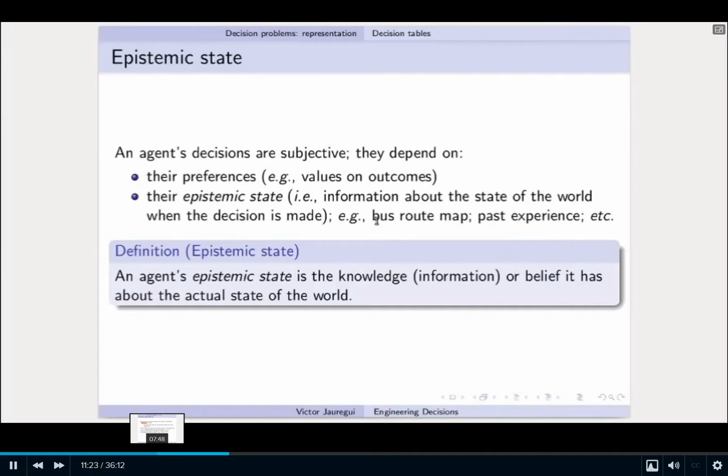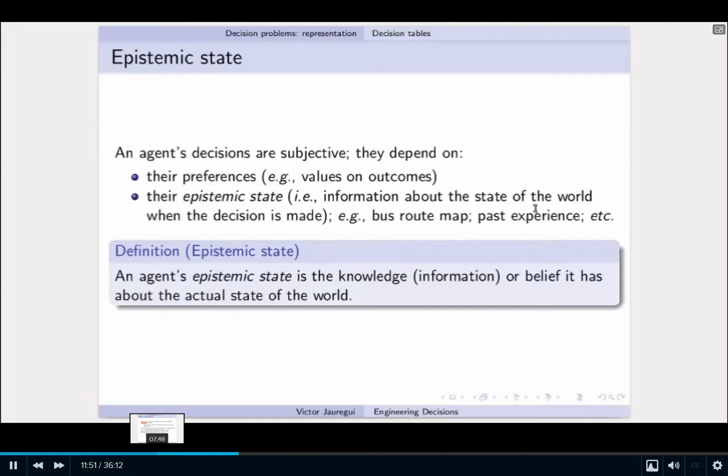So in the travelling problem, this was the bus route, and different people may have different information, and based on that, they may make different decisions. So, for example, if I have a map of the bus routes, then I may have a better idea of which road the bus is going to take.